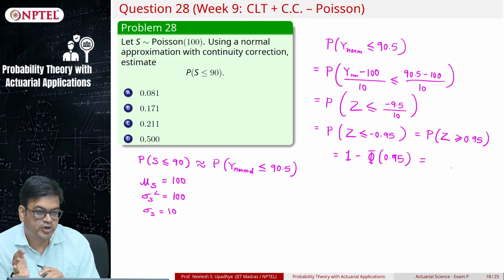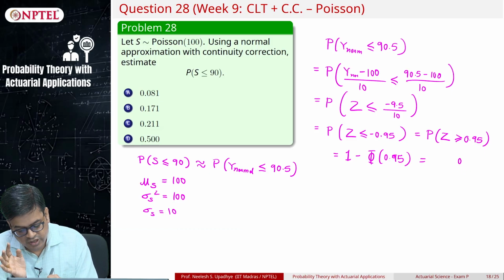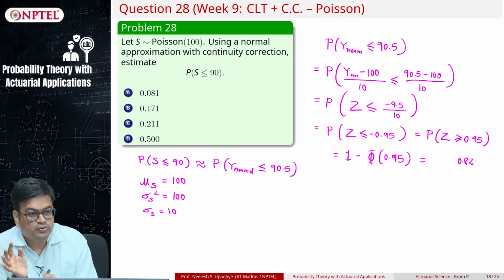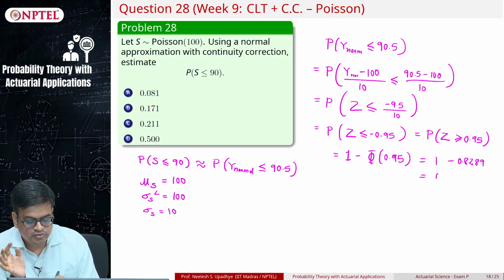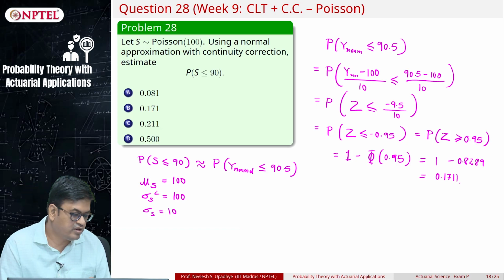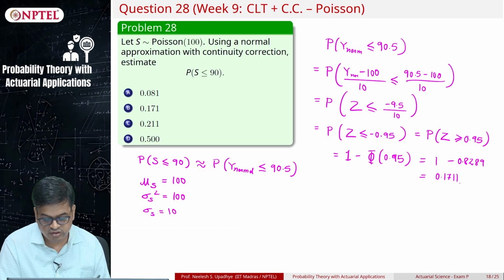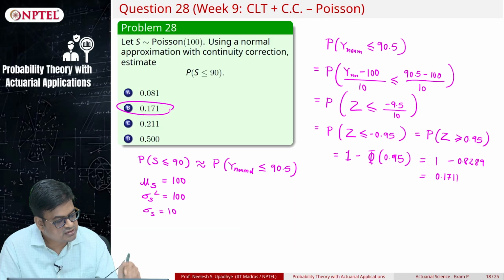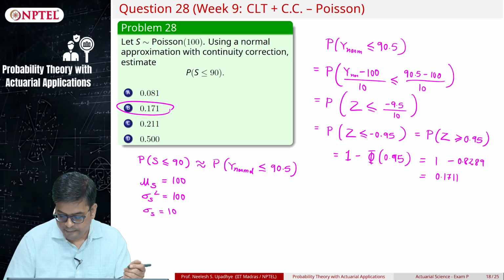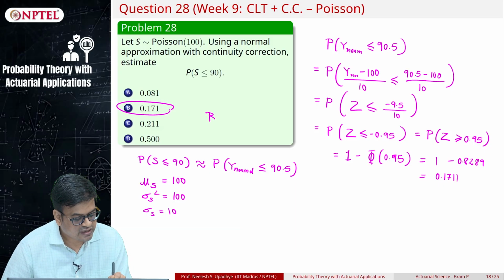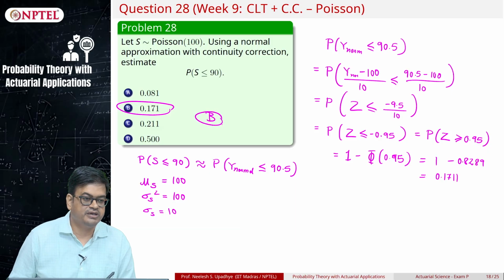What is the value of phi of 0.95? It is 0.8289, 1 minus of that. So, that will give me somewhere around 17%, 0.1711. Okay, so this is the value. I got the correct answer to be B.